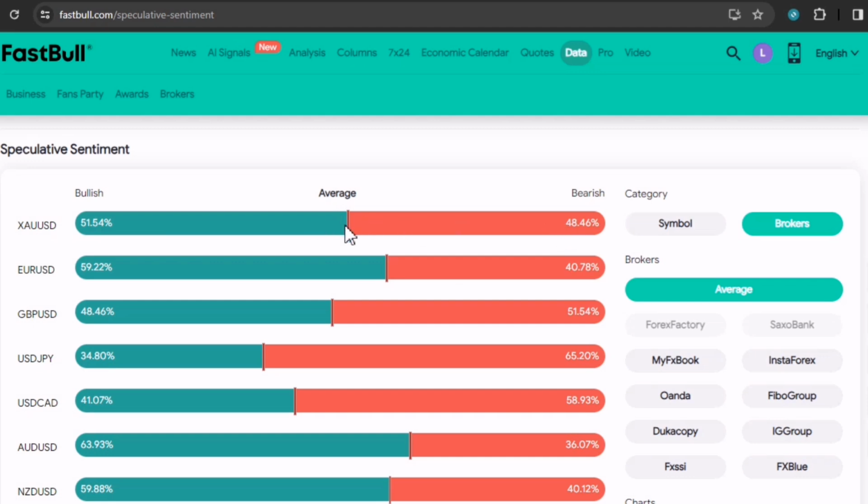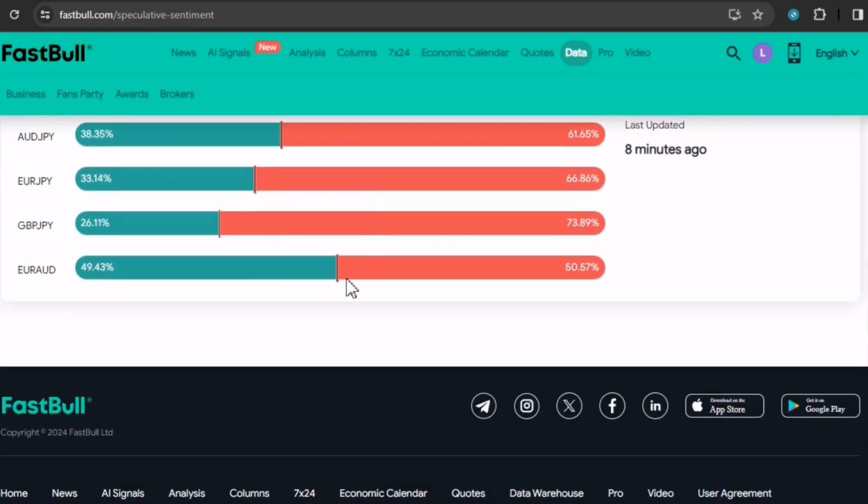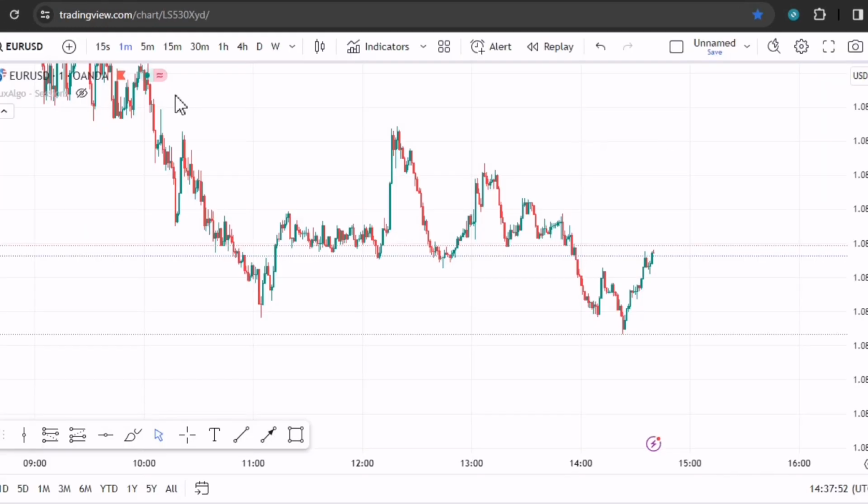It's almost the same, which means this pair is ranging. Here you have GBP JPY, you have 26% on one side and 73% on the other side. So GBP JPY has a very beautiful trend if you can check it together with Euro JPY. Let's just check GBP JPY so that I can show you what I'm talking about.